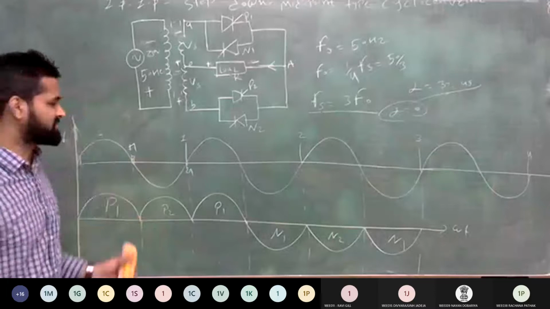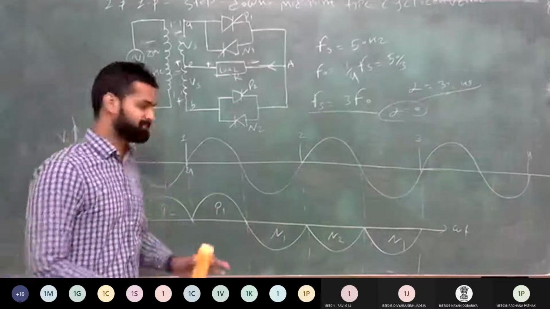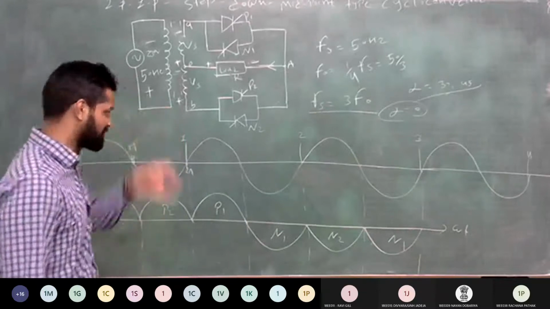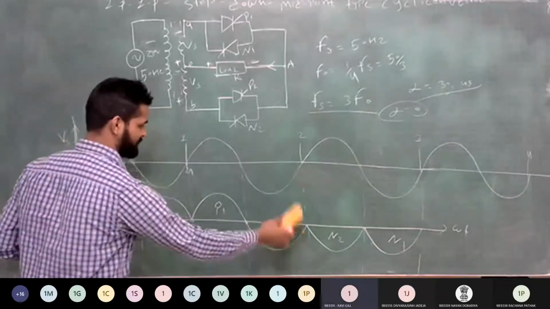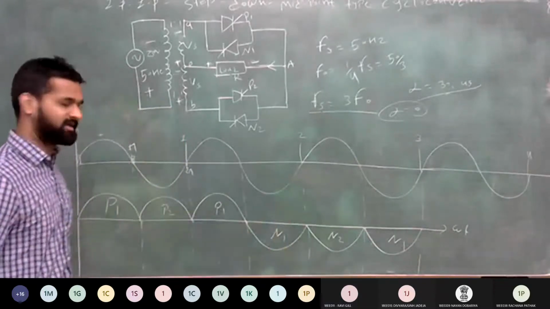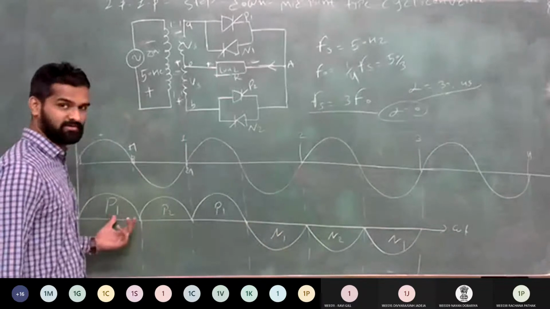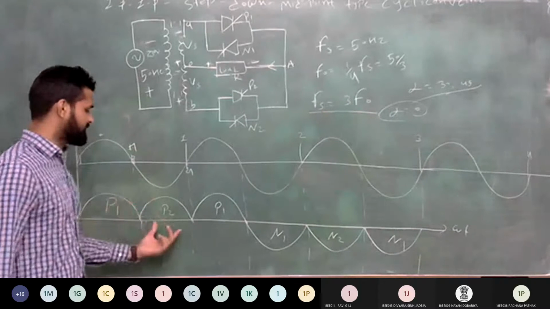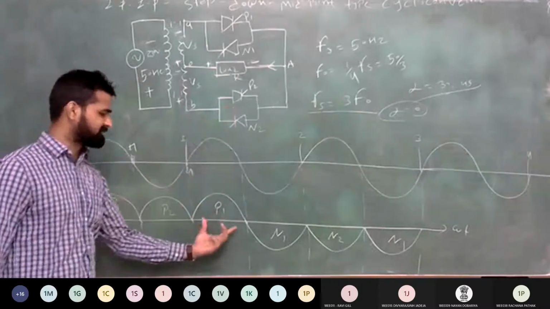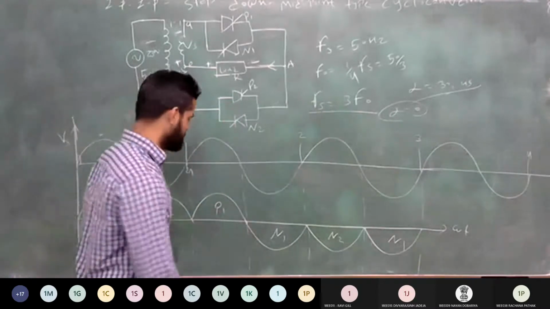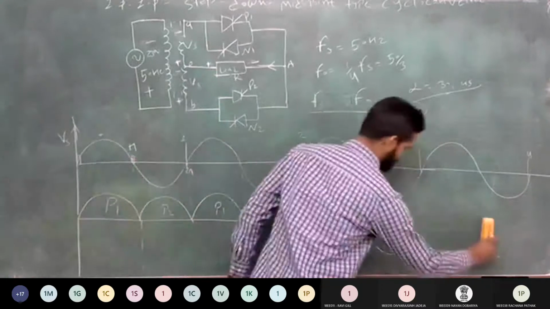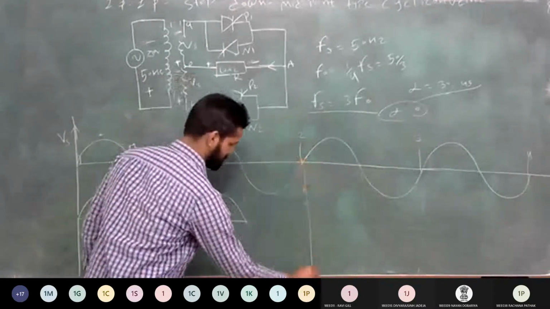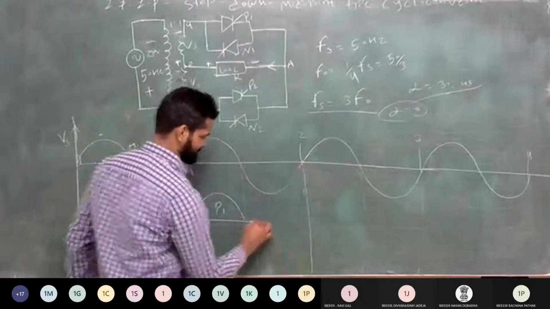So in that case, what is the sequence of conduction of thyristors? Anyone? In the first 2 cycles you get positive voltage. So P1 conducts first, so you get positive voltage in the positive cycle of supply. Then P2 conducts, then P1, and again P2, because you require positive voltage for 2 cycles. So 2 cycles are completed here.